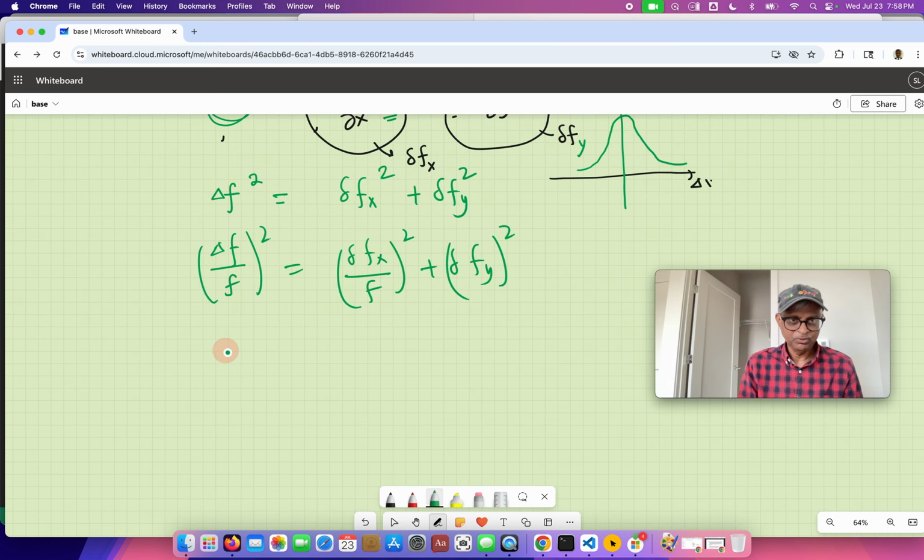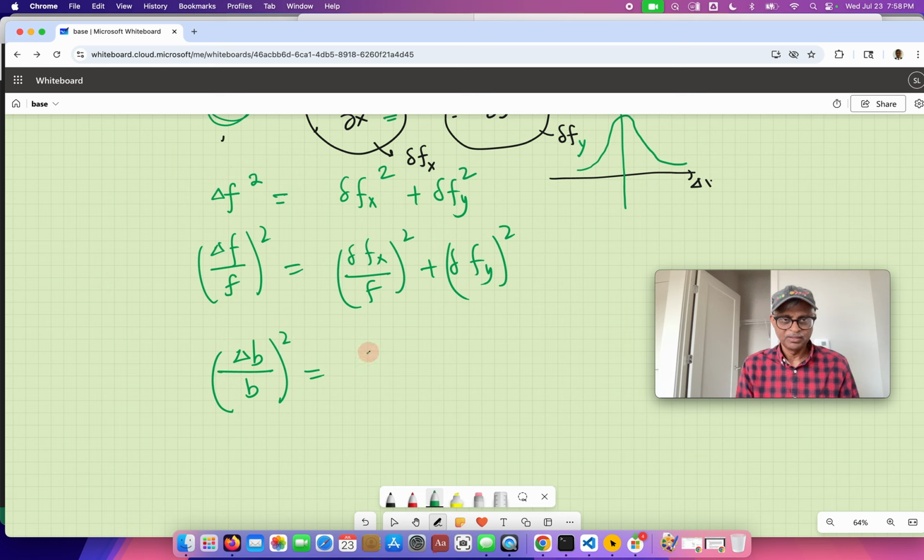So this has to do with the variance in the distribution. If you work this out in our problem, you're going to get delta b over b squared will be delta d over d squared plus delta d over d squared.